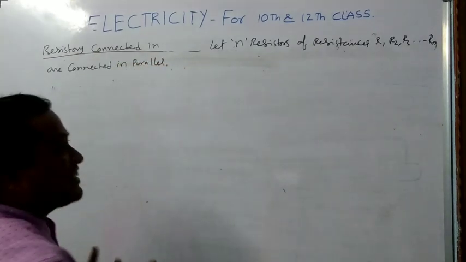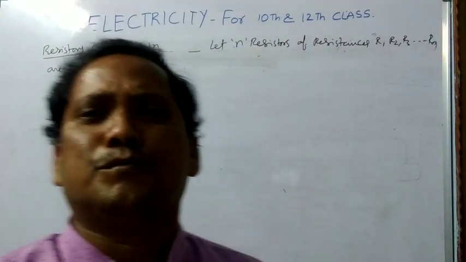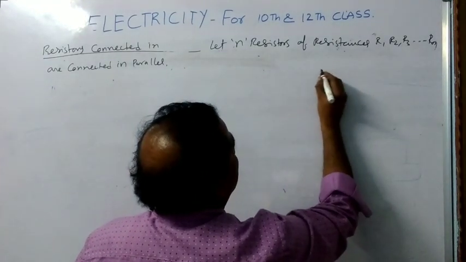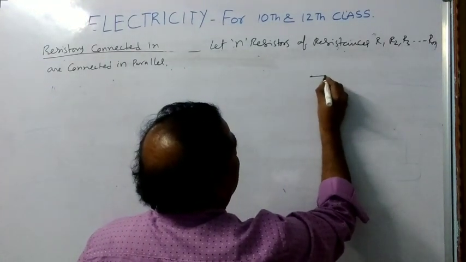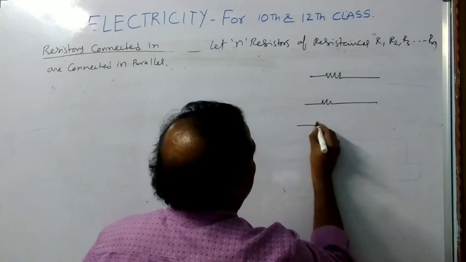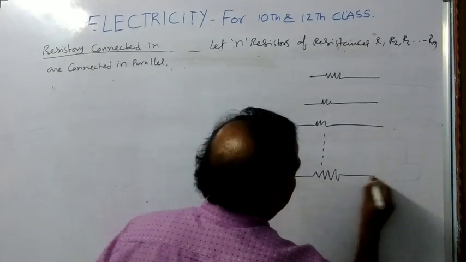How are they connected in parallel? So parallel connection will be like this. So these are resistor number 1, number 2, number 3, up to number n.